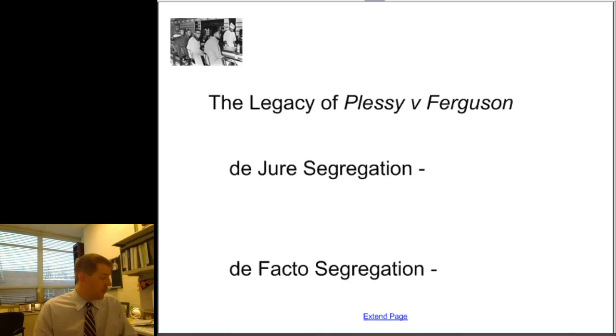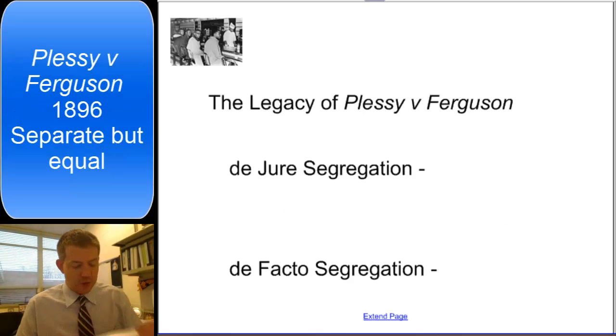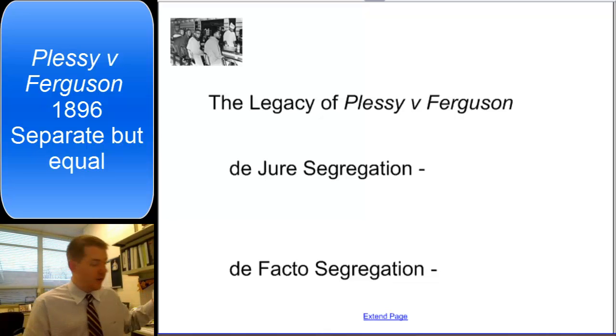What I want to look at is something that hopefully you took some notes on the left-hand side here, and that is the legacy of Plessy versus Ferguson. Hopefully you remember in 1896, the case of Plessy versus Ferguson made the practice of separate but equal facilities in the United States legal. And that was a legal process through the court system.